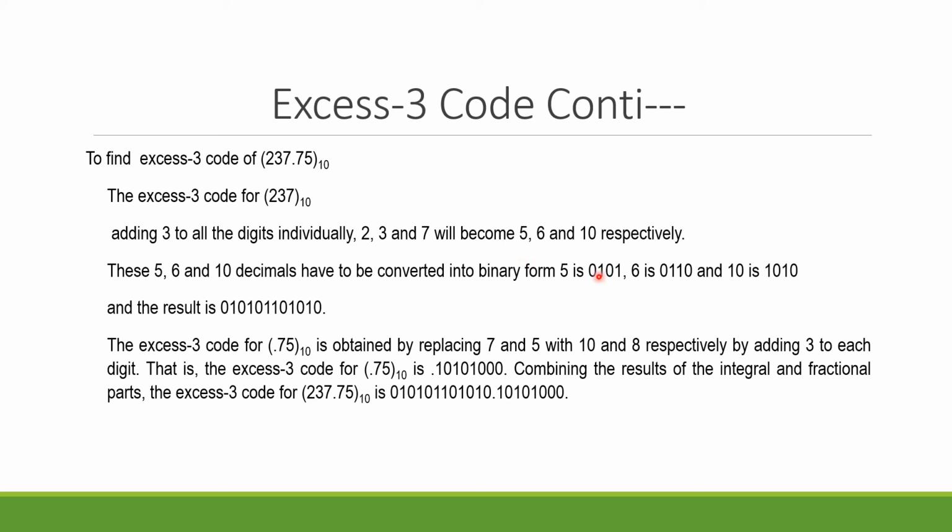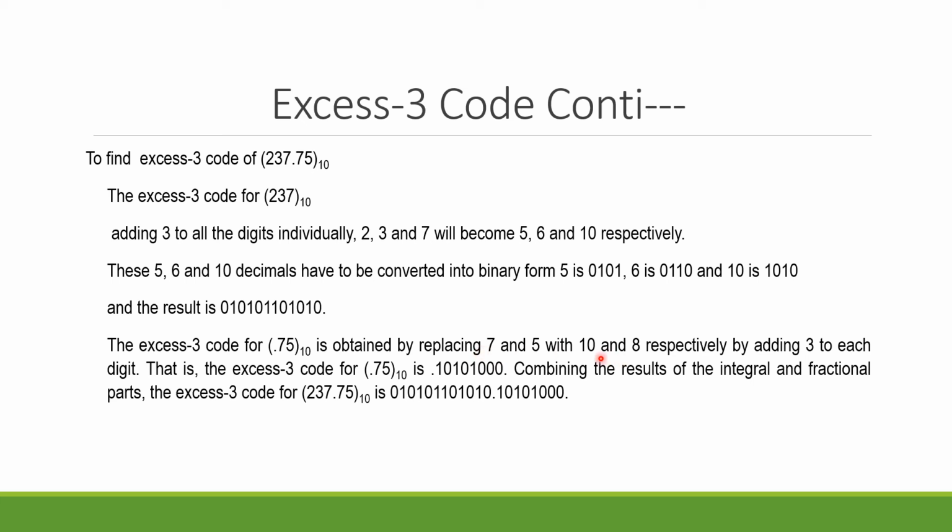For 5 it will be 0101, for 6 it will be 0110, and for 10 it will be 1010. Later on we combine all these bits into one, so that the result will be 010101101010.